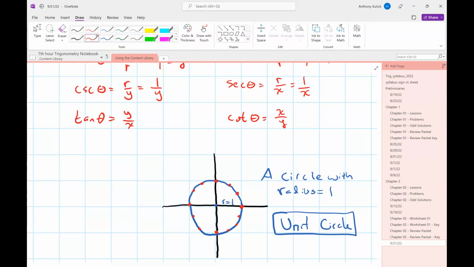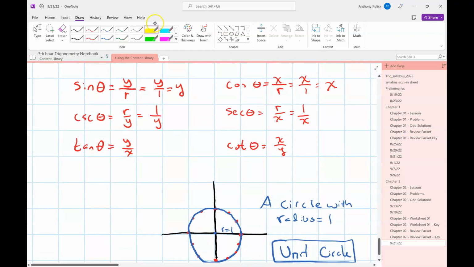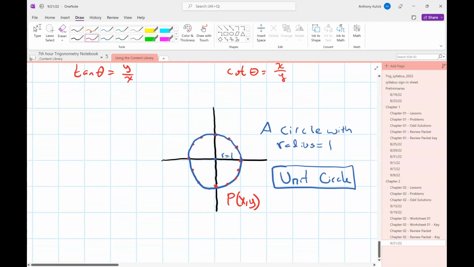So each of these points is like our P, right? Any of these P's would be a point on the terminal side of some angle theta. But look up above. What is sine theta the same as now? Y. And what is cosine theta the same as? X. So my point P is really cosine theta, comma sine theta.